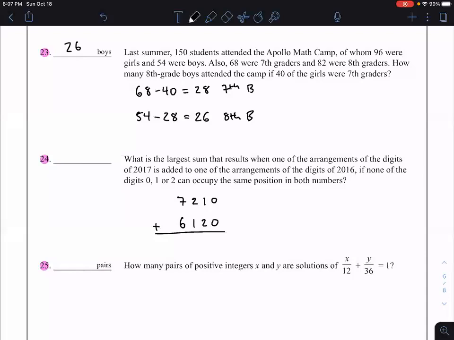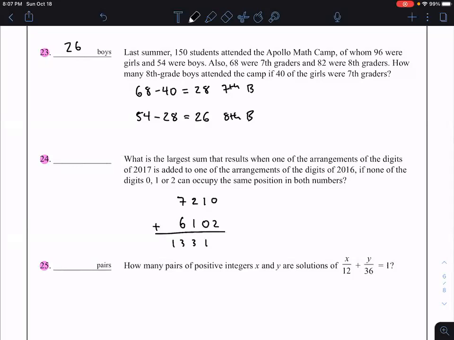And if you add this up, you get 1333. Oh, I did something wrong. Oops. Just kidding. Yeah, let's just put 0 here and 2 here and see what happens. You get 1332. No, just kidding.